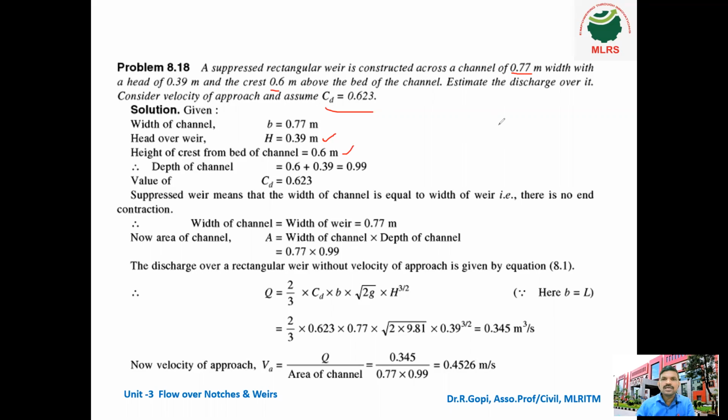So here you can see, I will draw the cross section for better understanding. So this is the cross section of the weir. So water is flowing like this. Okay. So channel width is 0.77 meter and head of the water 0.39 meter. That means this height is 0.39 meter.